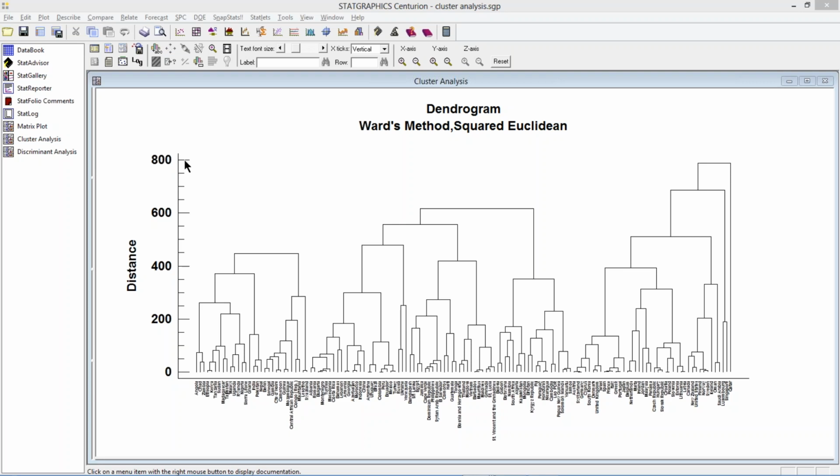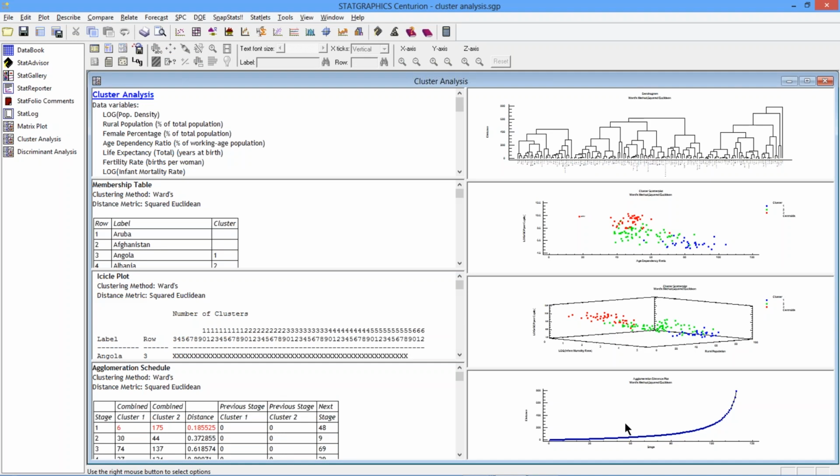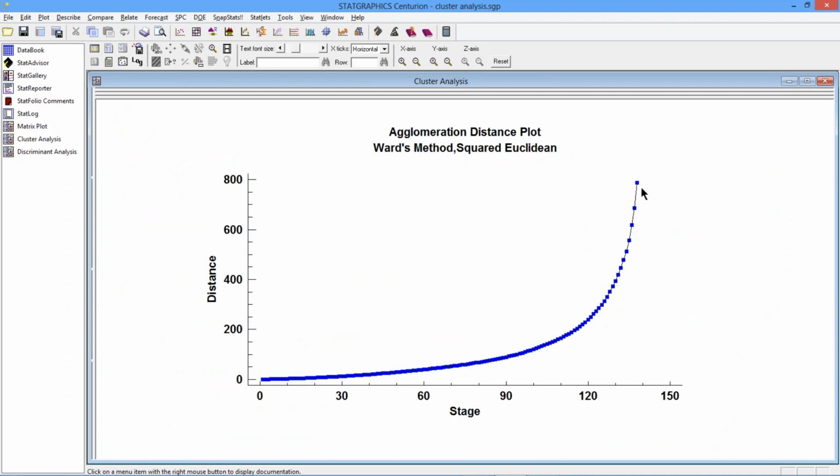And we find the distance between that pair of points and everybody else. Well, the distance on the dendrogram is the distance between 2 clusters when they're joined. And as I said before, when you look at this agglomeration distance plot, if you saw a big jump at some point, that would mean that you're joining 2 clusters very far apart and would give you an idea that maybe that wasn't a good thing to do. Maybe you shouldn't have joined them together.